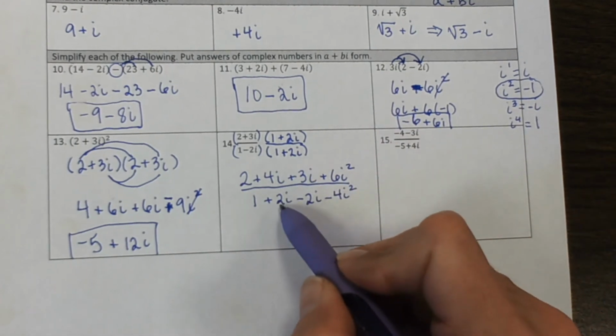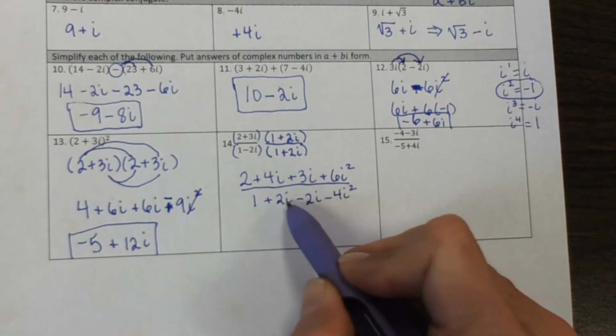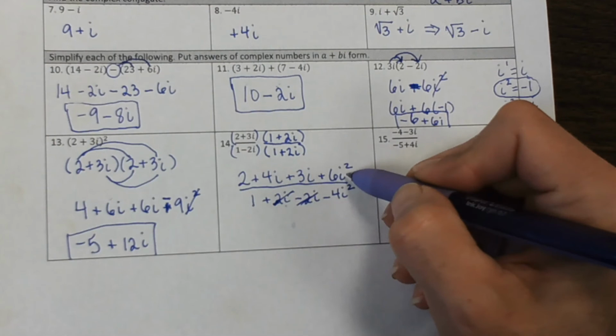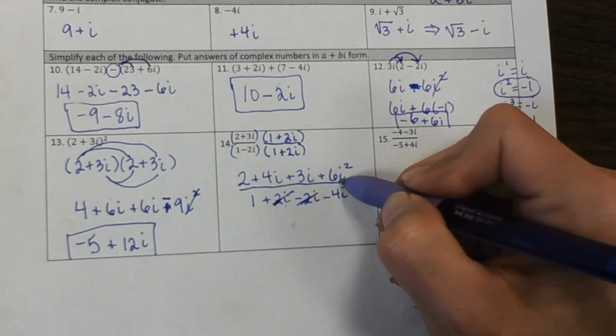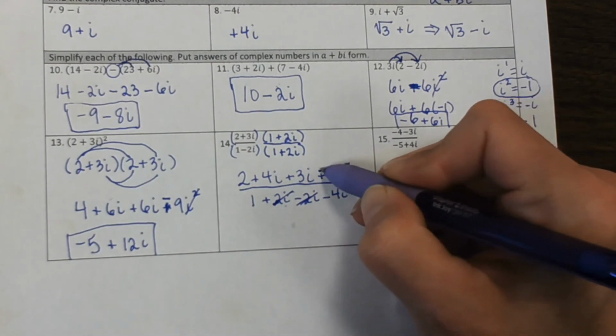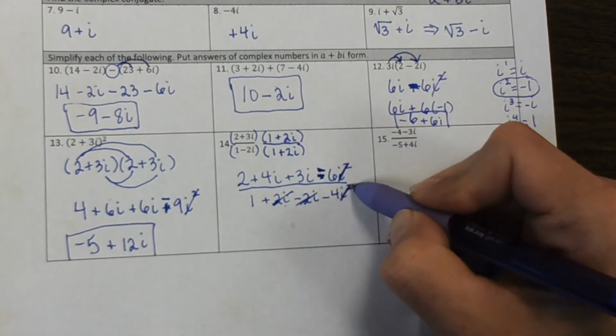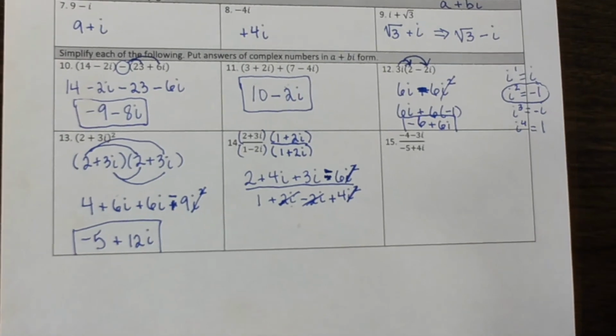Okay, now what we see is the 2i and the negative 2i are going to cancel each other out. And then remember, I go back up. When I have an i squared, I cancel it out and change the sign in front. So now I have a minus. Here I'm going to cancel that out, and that's going to become a plus.